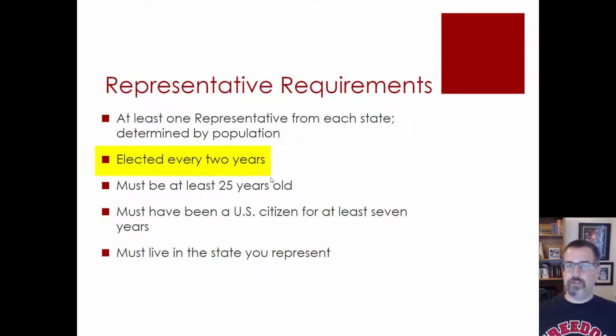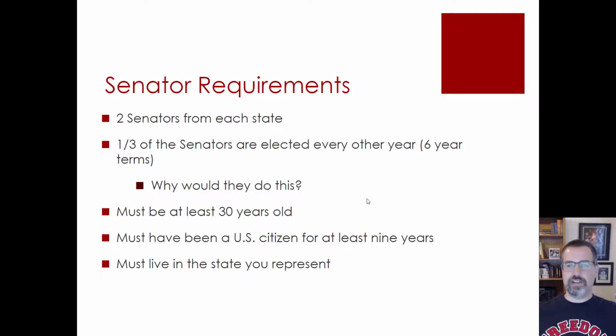You have to be a minimum age of at least 25 years old. You have to have been a U.S. citizen for at least 7 years. And you must live in the state you represent. Or in other words, in a larger state like Texas or California or New York, you also have to live, of course, in the district, the area that you are representing. Those are the requirements to serve in the House of Representatives.